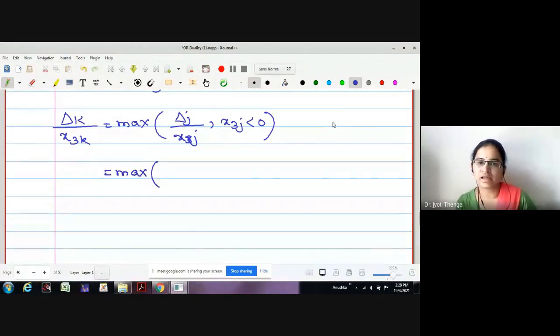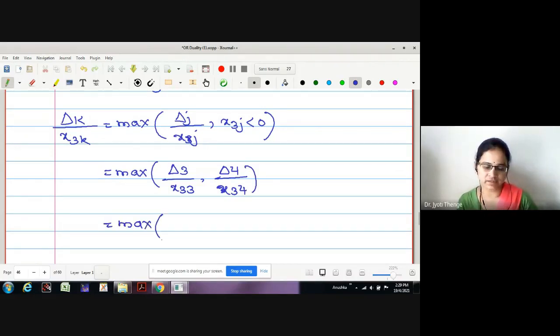Shall I write only the two values we have? What are the positions? 3 and 4, no? Therefore, this is delta 3 upon x33, delta 4 upon x34. Good. Then what is delta 3? 28 by 11. What is x33? Minus 7 upon 22. Delta 4 is 15 by 11. x34 is minus 1 upon 22.